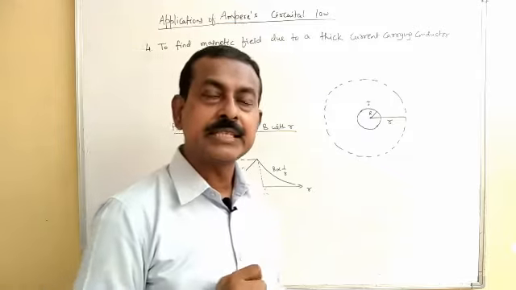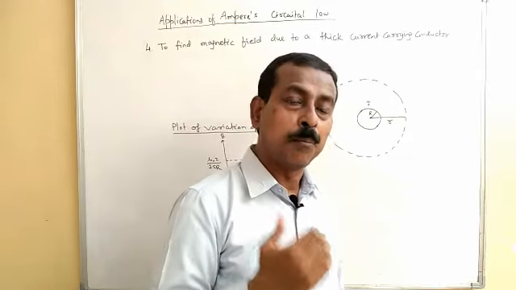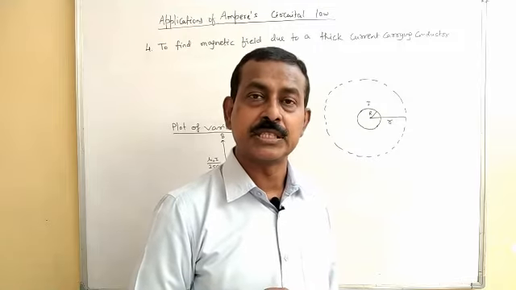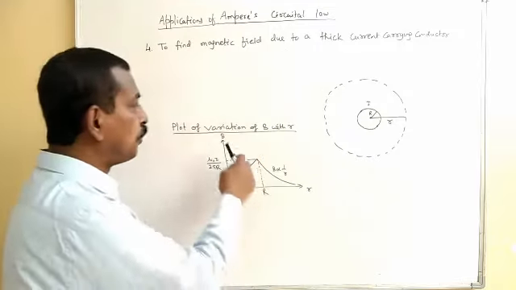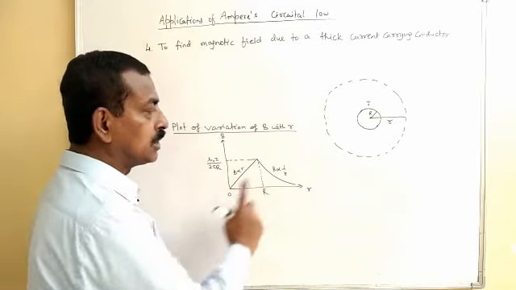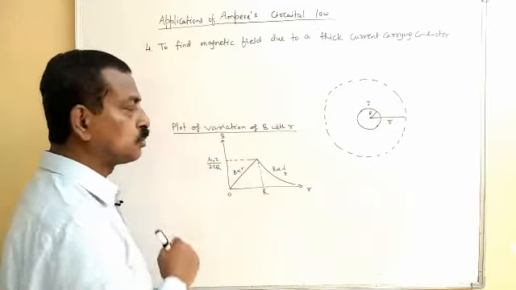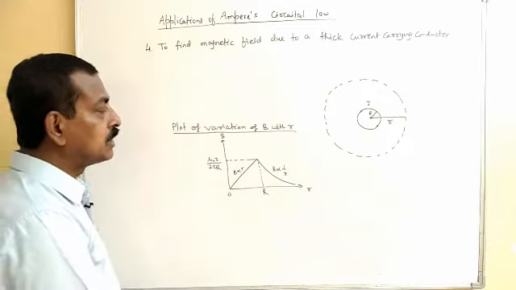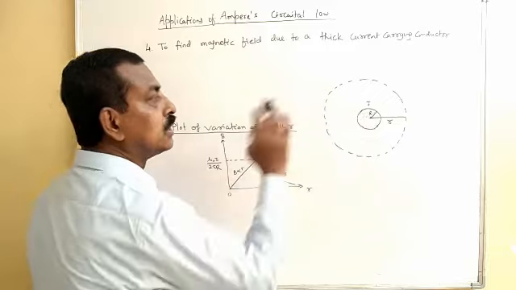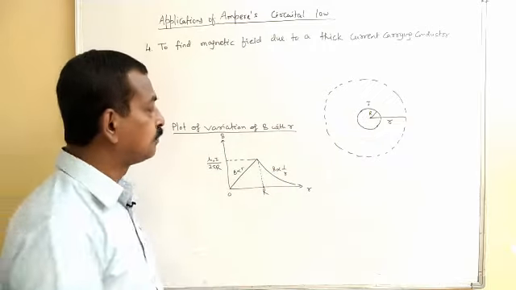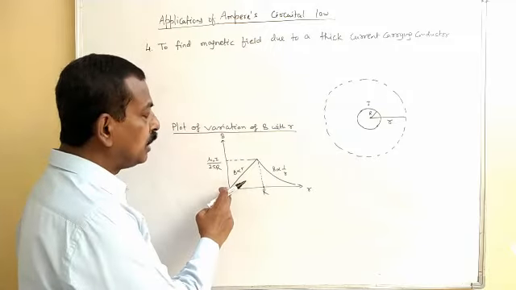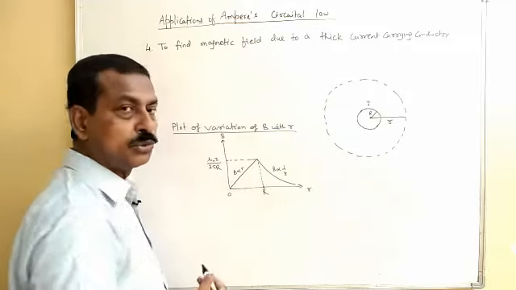Now for this case, if you want to plot the nature of variation of magnetic field with distance, you will get the graph like this. On x-axis you have the distance r, on y-axis we have shown magnetic field, and this is the point which is indicating capital R, that is the radius of this thick conductor. So up to capital R, magnetic field will vary directly with distance.